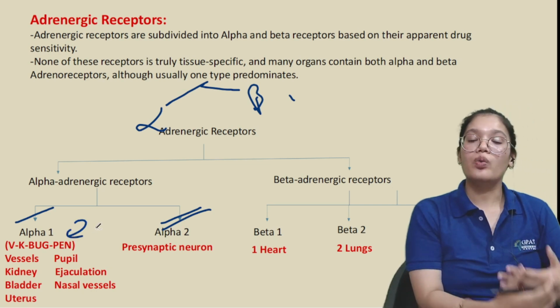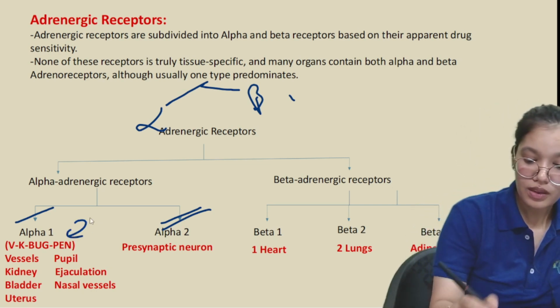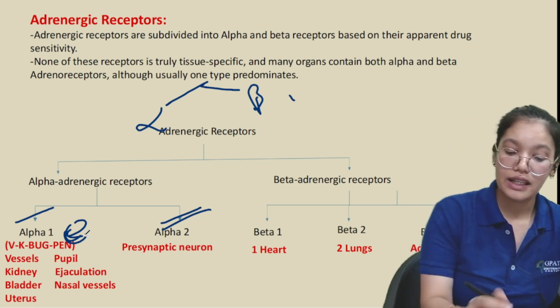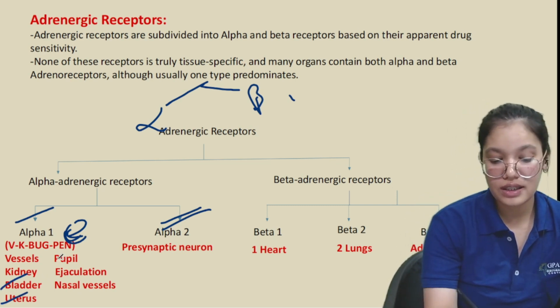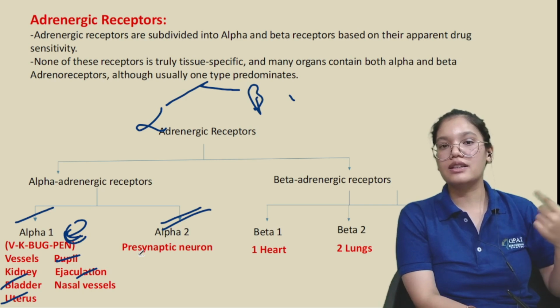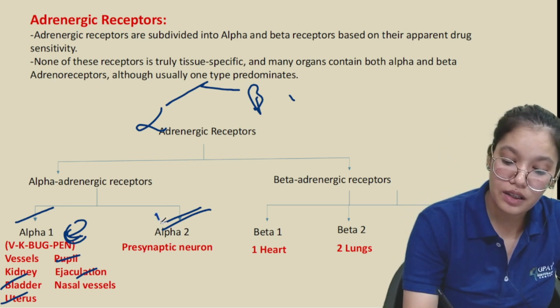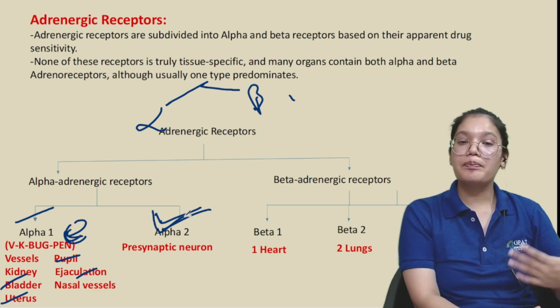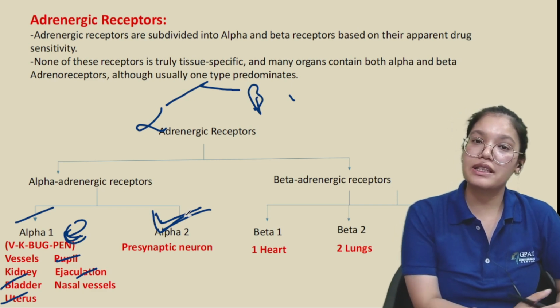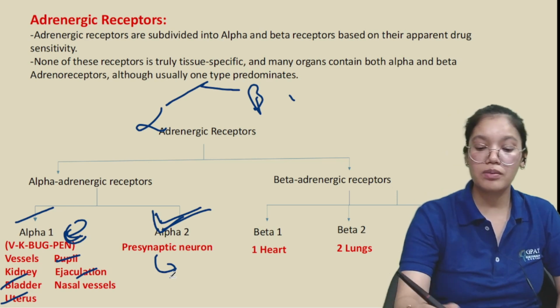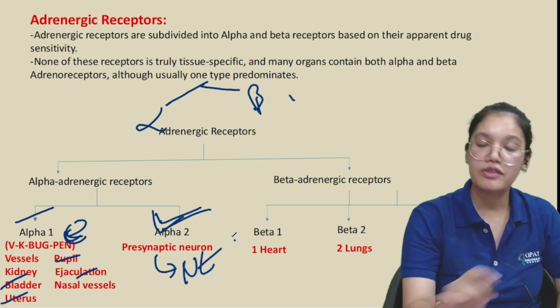The trick is from V, vessels, then K, kidney, bladder, uterus, pupil, ejaculation and the nasal vessels. That is the location for the alpha 1 receptors. Then we have alpha 2, which is on the presynaptic neurons. There it is responsible for the negative feedback system. It basically inhibits the norepinephrine release.